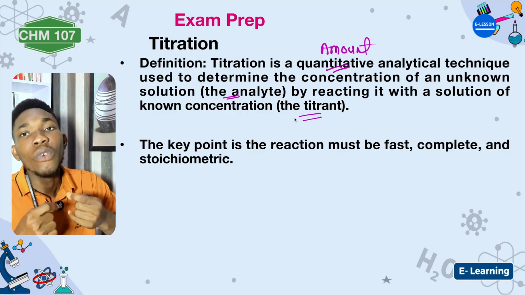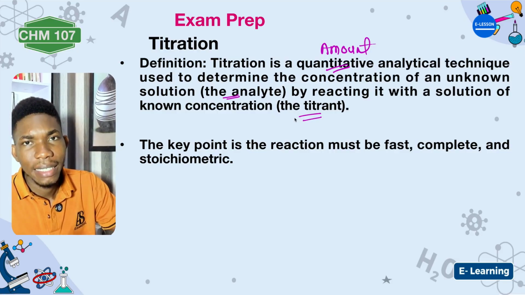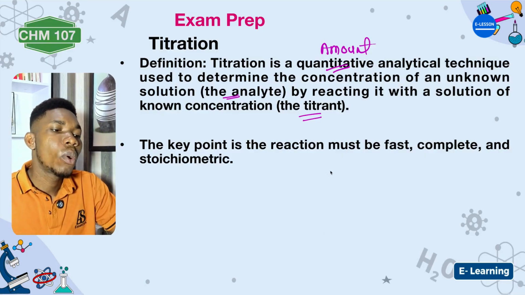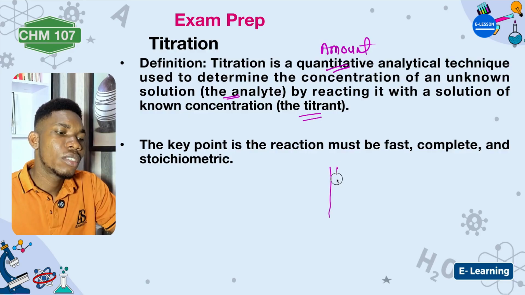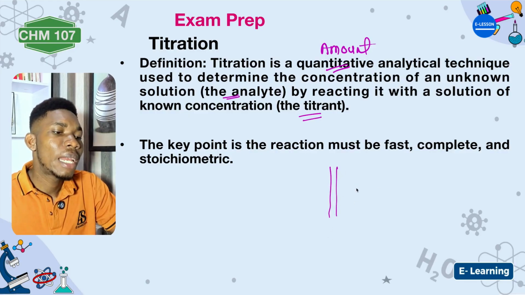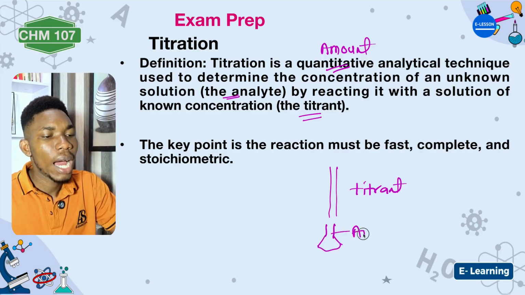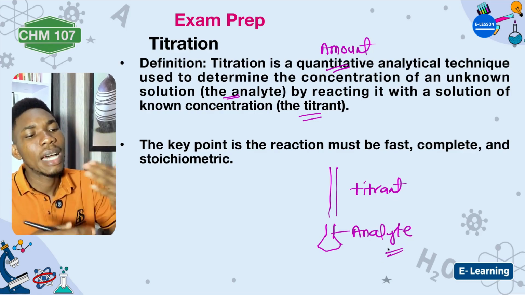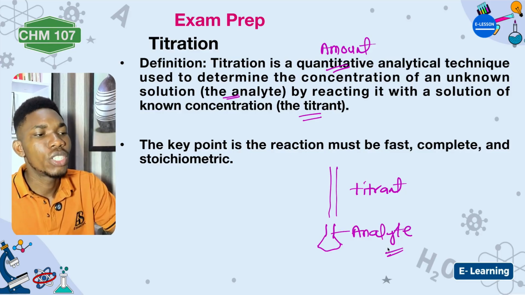The one you are looking for is the analyte, while the one that you are using to look for another is the titrant. In most cases, the one in the burette is usually your titrant, while the one in your conical flask is usually your analyte. Now, this is in most cases, although it can be substituted or changed.